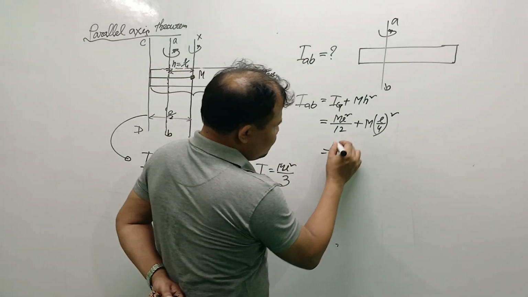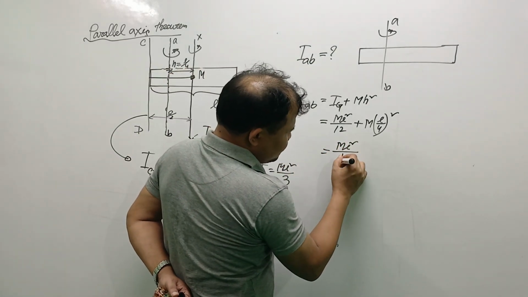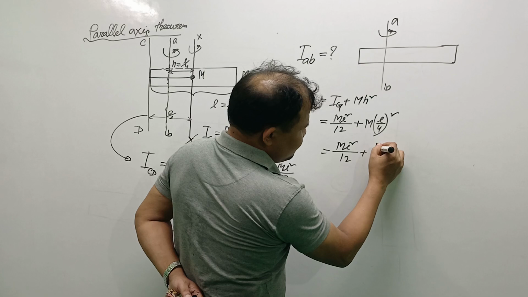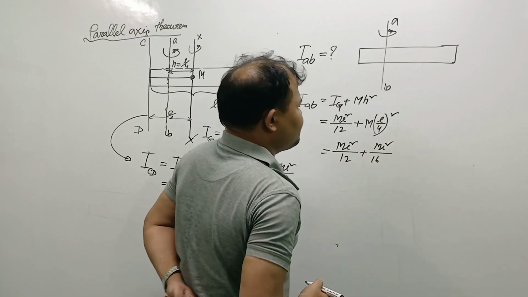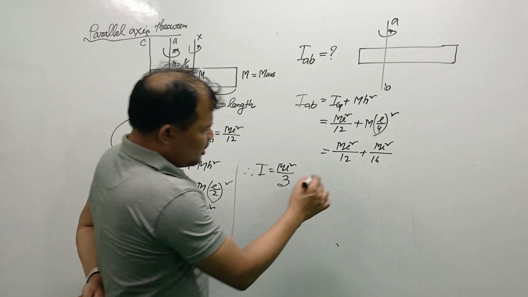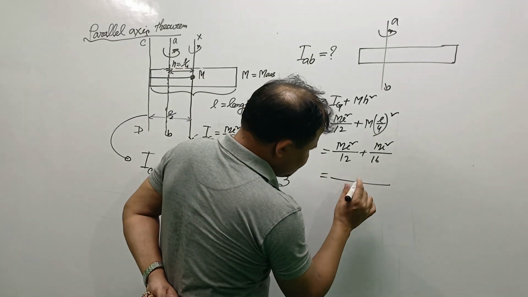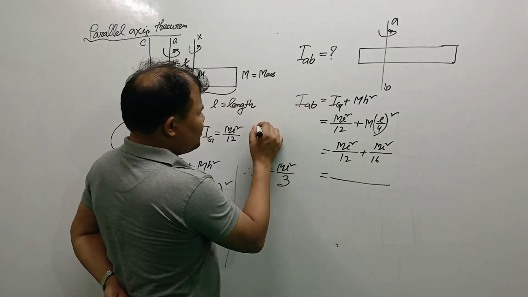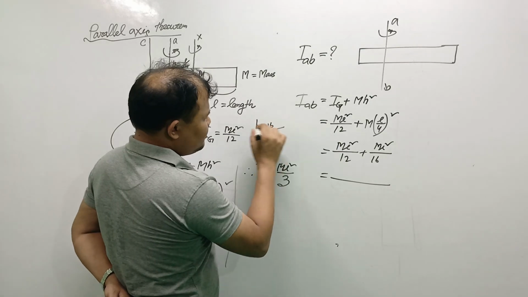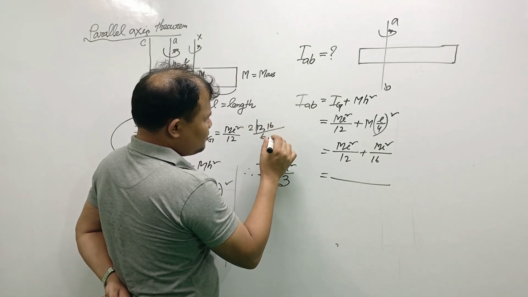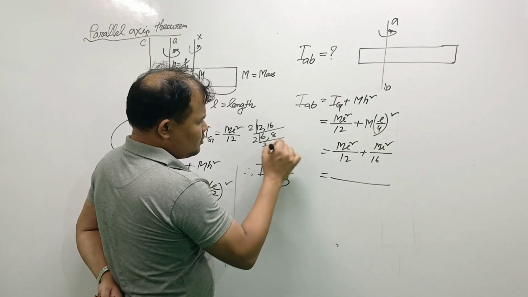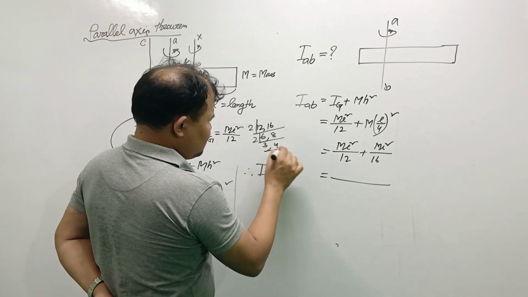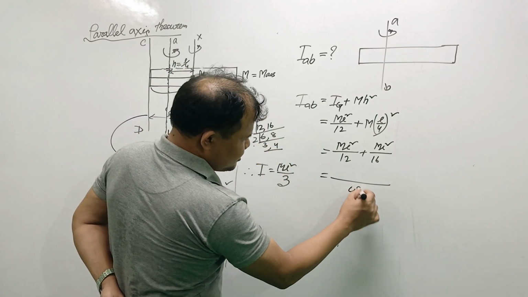Okay, now M L square divided by 12 plus M L square divided by 16. Now we take the LCM, 12 into 16, 48.